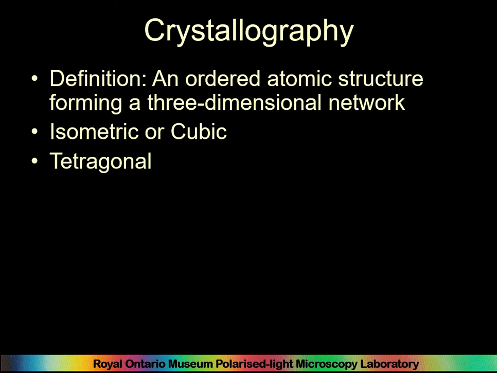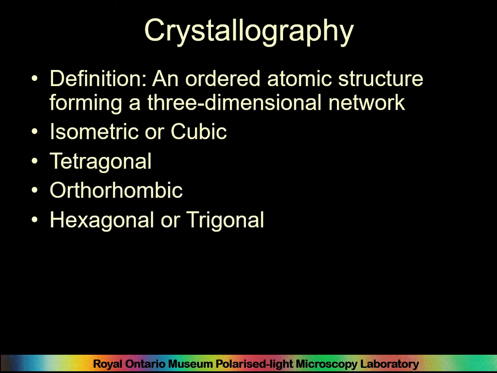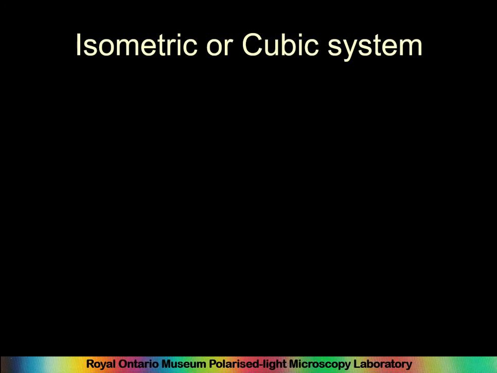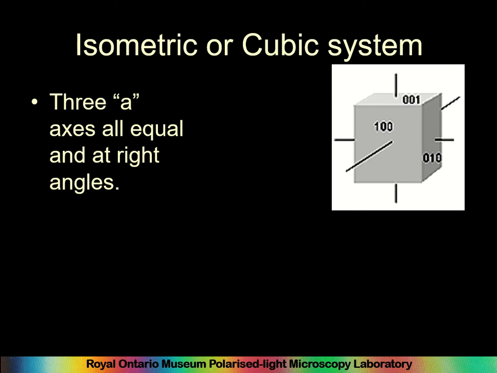Then you have the tetragonal system, the orthorhombic system, the hexagonal or trigonal system, the monoclinic system, and the triclinic system. And I'm going to go through each one of these, so don't panic about them yet. So the isometric or cubic system, it's called the cubic system because it makes cubes a lot.